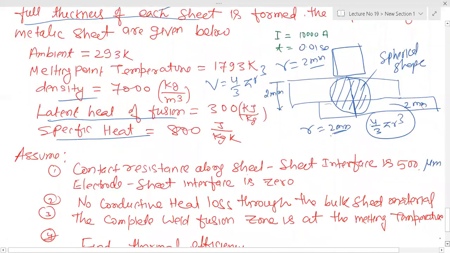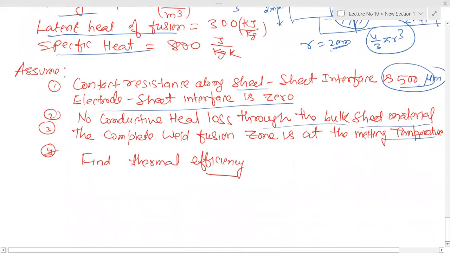Then contact resistance along the sheet is given, that is 500 ohms. Electrode sheet is 0. No conductive loss through the bulk material. They are saying there is no conductive loss through the bulk material. The complete weld fusion is at melting temperature. Find thermal efficiency.